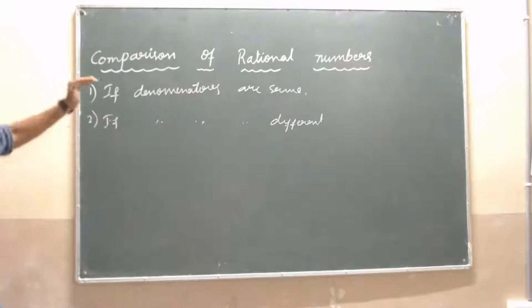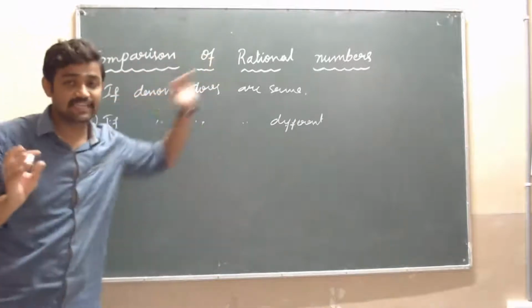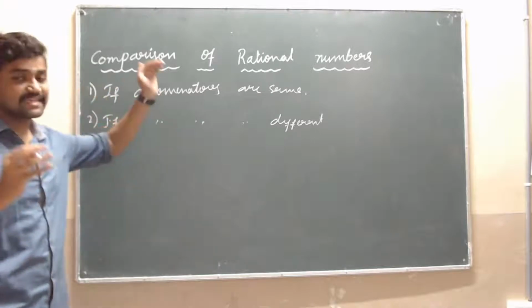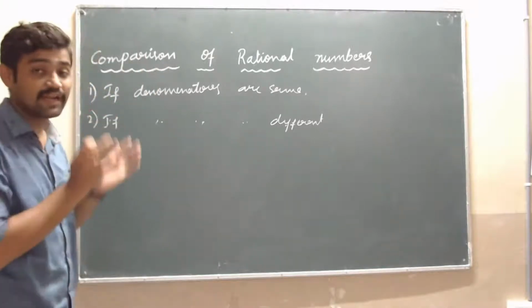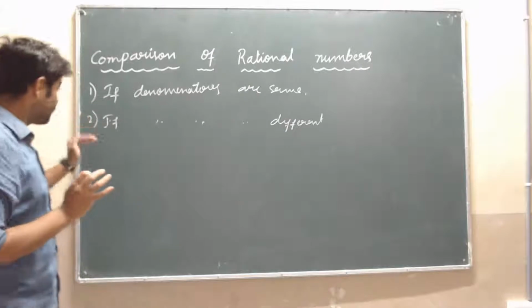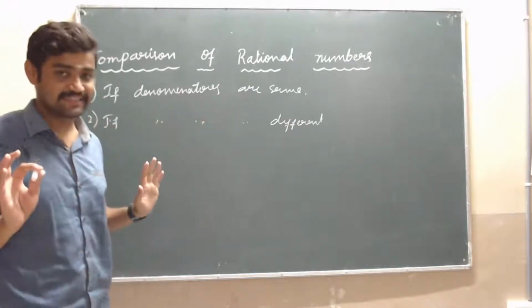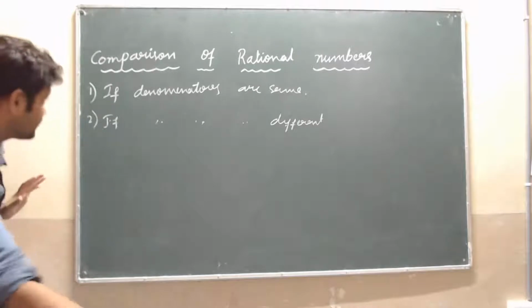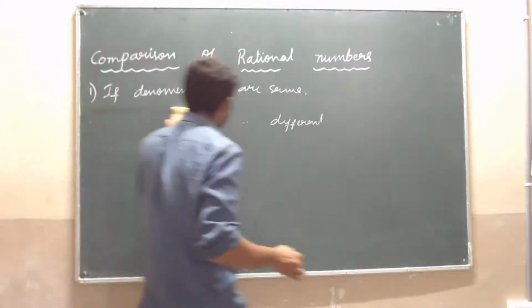While comparing rational numbers, these two methods are there. How will we compare if the denominators are same, and how will we compare if the denominators are different?